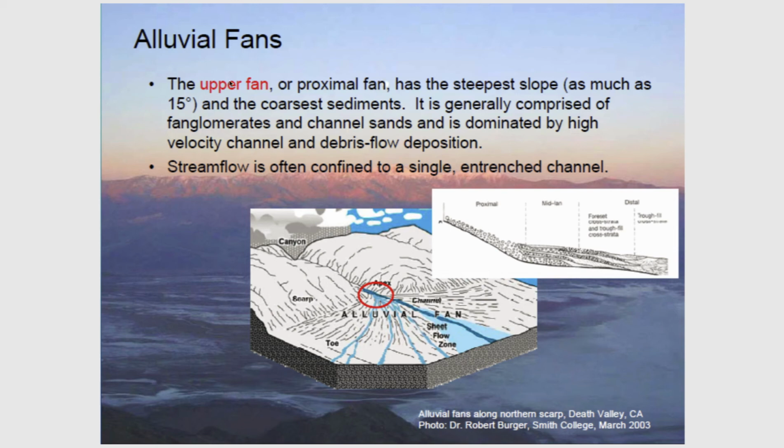The upper fan usually is this domain close to the apex, and it's the one that has the steepest part, so it's this one here as well. So it will be the one that is again represented dominantly by gravelly material.